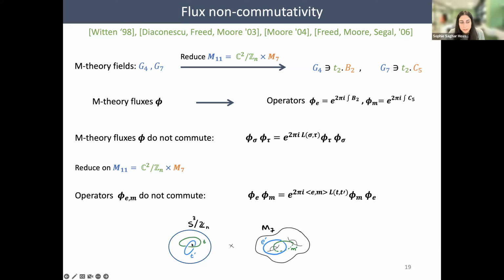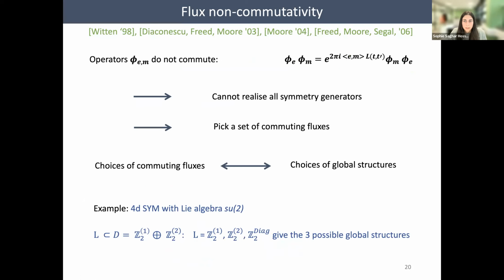If you have interesting enough topology, this happens. And so the fact that these operators do not commute means that we cannot realize all the symmetries in the theory at the same time. So what we have to do is to pick a maximal commuting set of these fluxes. And different choices of these fluxes give us different choices of global symmetries.